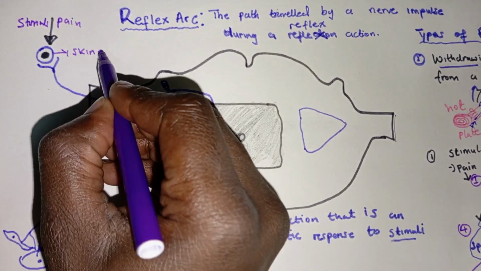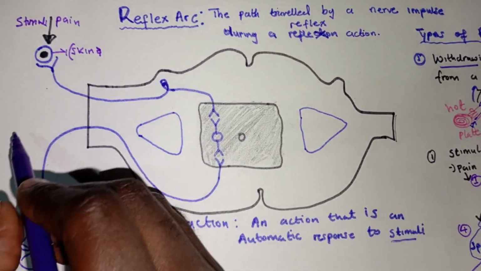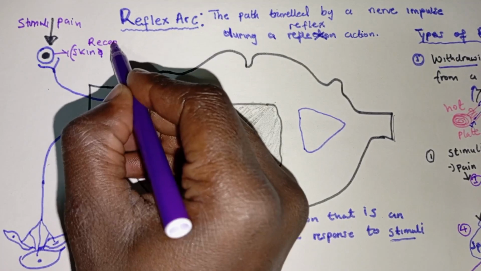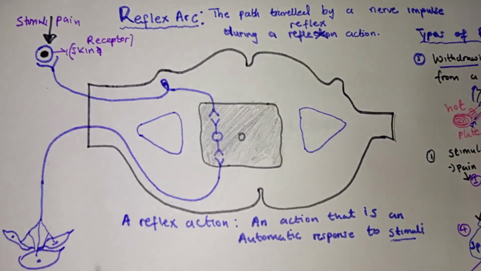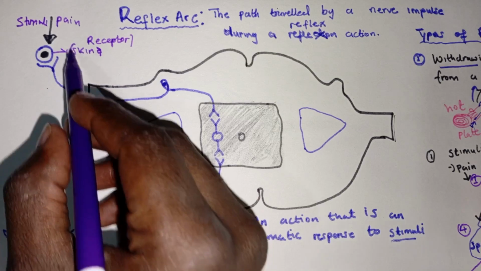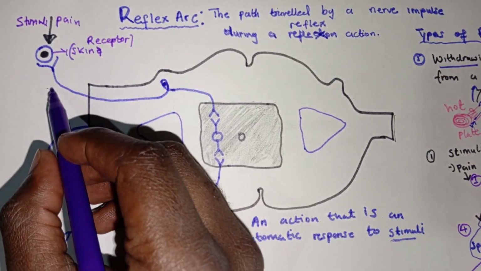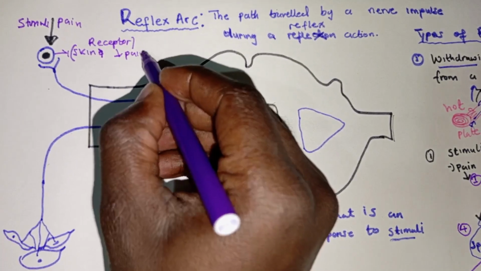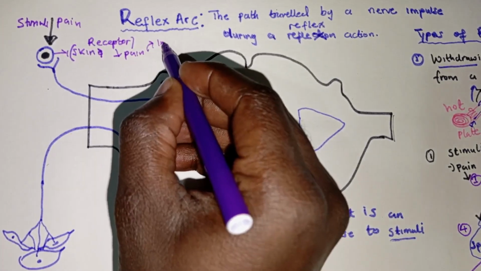The skin there is acting as our receptor. It can convert this pain into an impulse, right? So the receptor simply converts pain to what? An impulse.